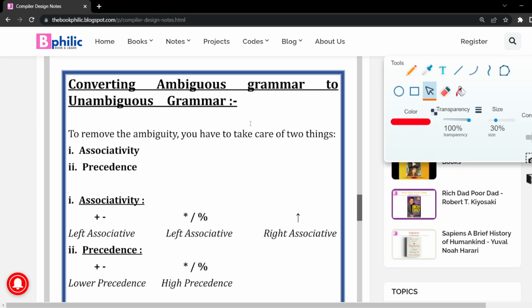In order to generate the same syntax, the parser will get confused about which path it should follow. That's why, in order to get rid of this type of confusion, we want to help the parser, the syntax analyzer phase, so that it cannot get confused. This is why we are going to convert the ambiguous grammar into unambiguous grammar.